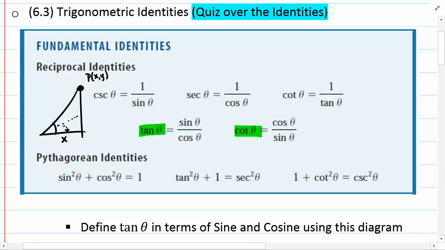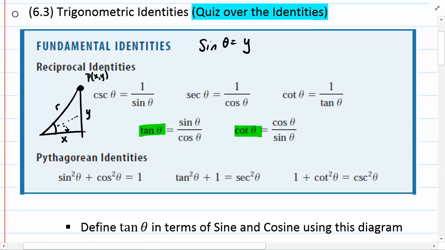So x is the direction moved horizontally, y is the direction moved vertically. While r was defined as the radius of the circle, we learned that sine of this theta, while we're thinking of it as opposite divided by adjacent, is simply equal to y divided by 1, since our r value is always 1 when we're dealing with a unit circle.